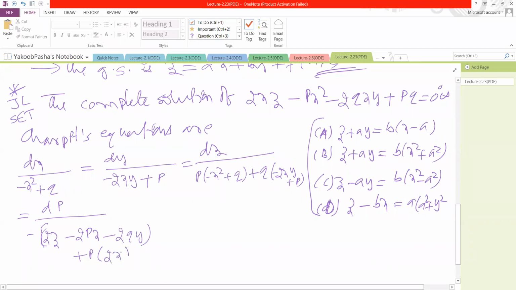This is 2x. Now this is equal to dq by minus of (f_y plus q f_z). Only one term is there, minus 2qx, plus q into f_z, that is 2x only.